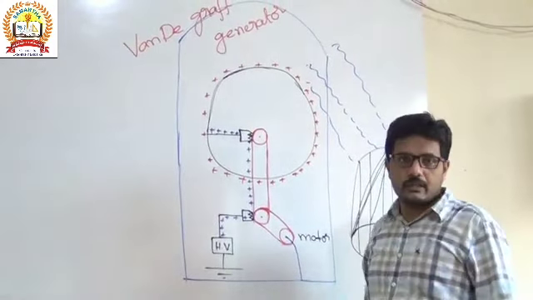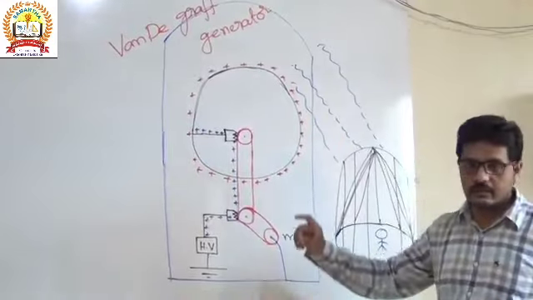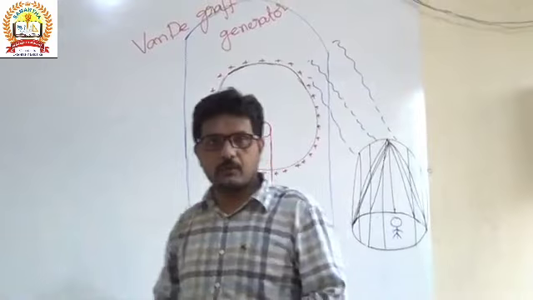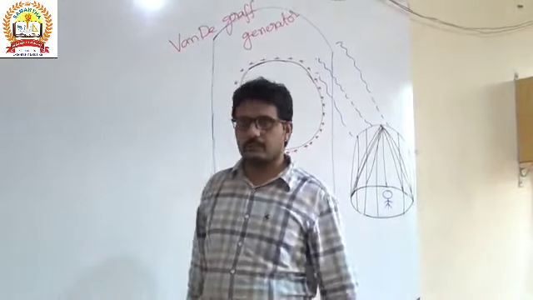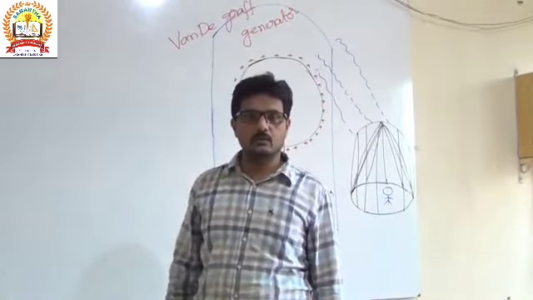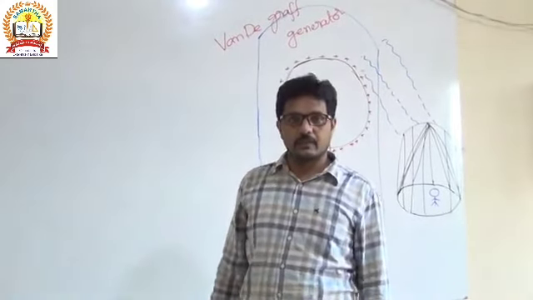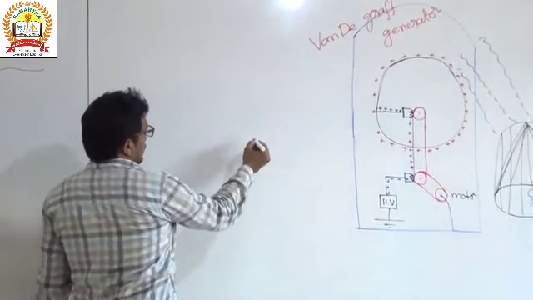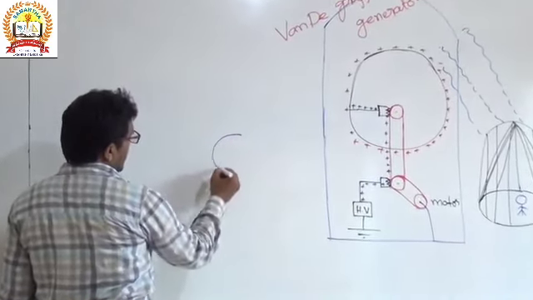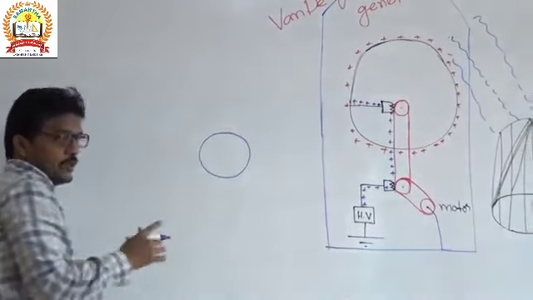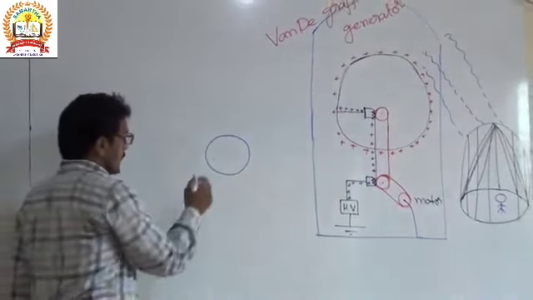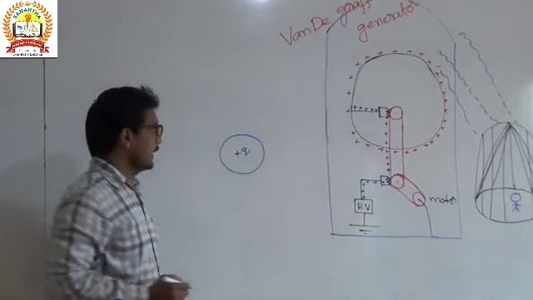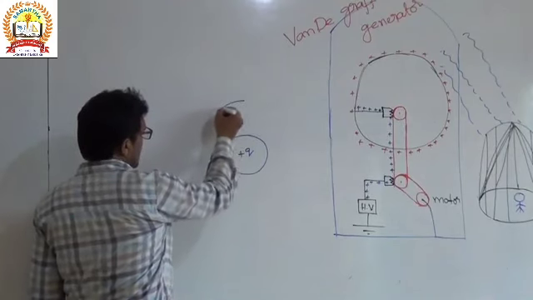Here we have one doubt: how does the charge transfer from one sphere to another? To understand easily, I am going to take a simple example. This is the inner sphere, not hollow, a metal sphere having charge, for example charge Q, and the outer sphere is a hollow sphere.